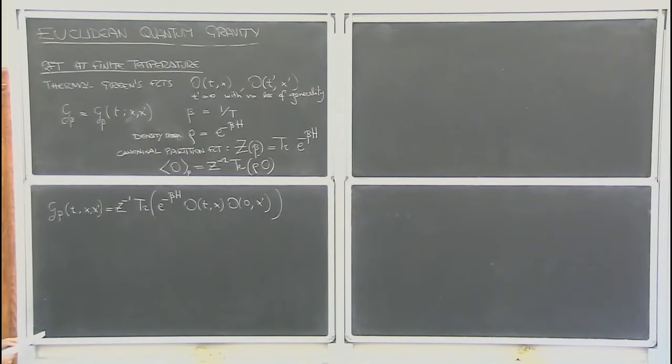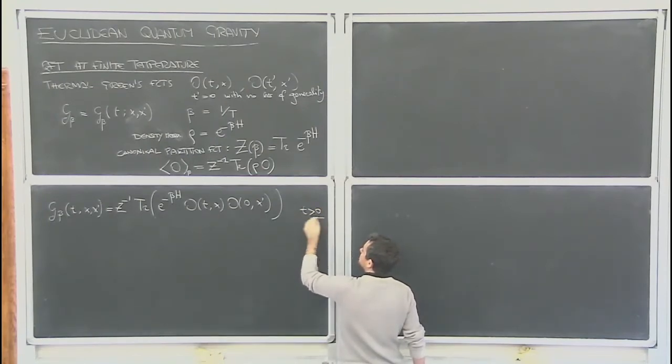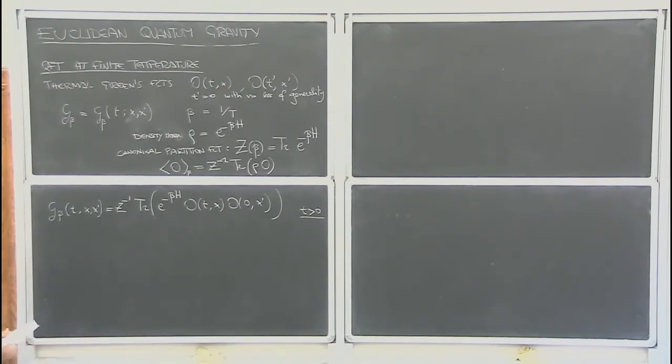Okay, this is what we would like to compute. So we assume t larger than 0 here so that we already have time ordering. So, okay, let's take t larger than 0. Is there any question about these basic definitions?